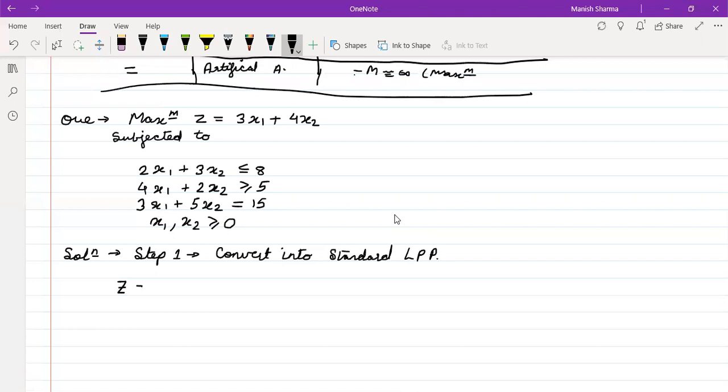So Z is equal to 3x1 plus 4x2, and then I'll add some values here. Let me not write it now. Let me just go to constraints. So subjected to, I'll write constraints first.